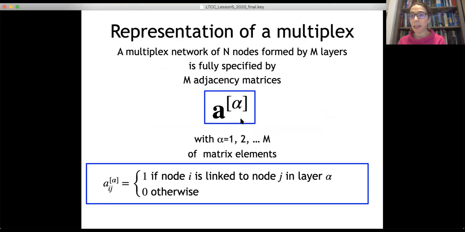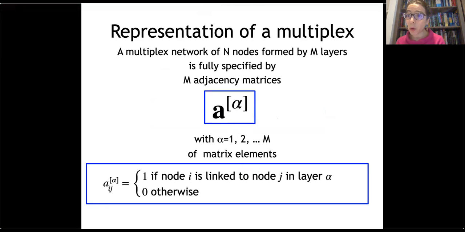In this way, you have a representation of the multiplex network as a vector of adjacency matrices. You can think of this as an object with 3 indices: i and j indicating if i is connected to j, and an index alpha indicating what layer you are considering.